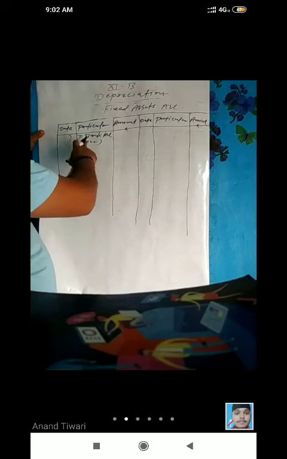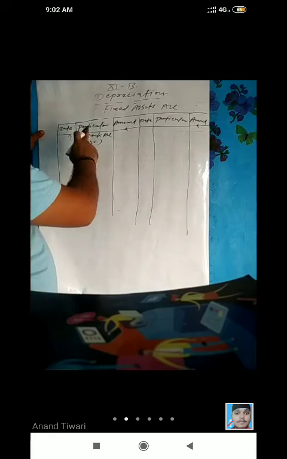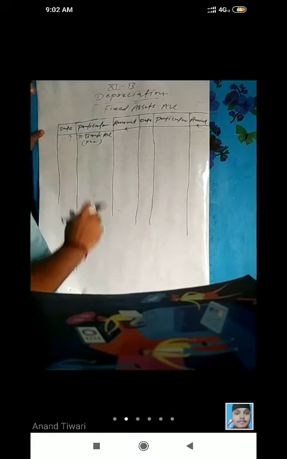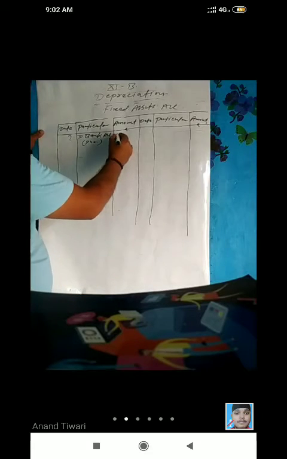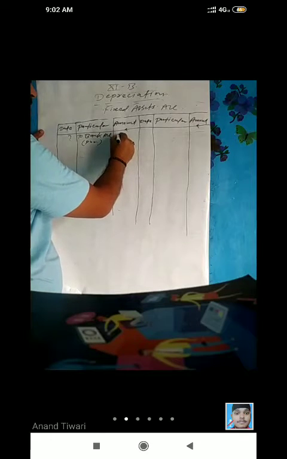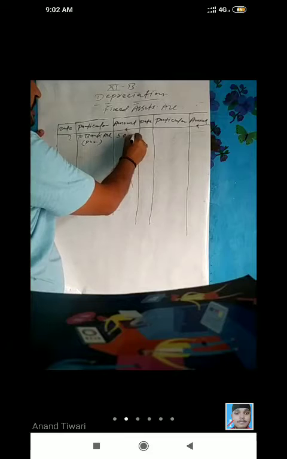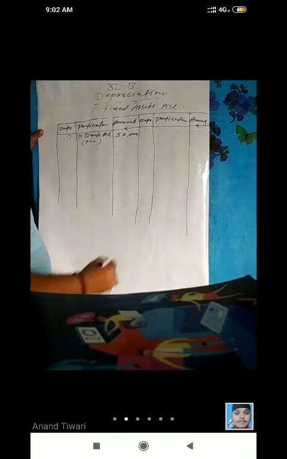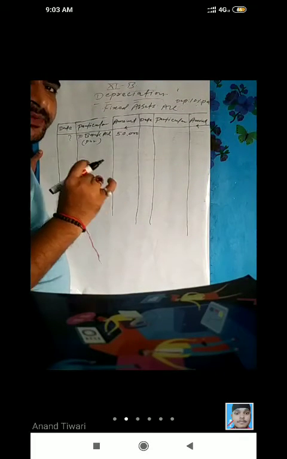So in the ledger, first of all, what do you have to write? For the purchase of assets, to bank account. Suppose you have purchased assets of 50,000 and depreciation is 10% per annum on fixed assets.